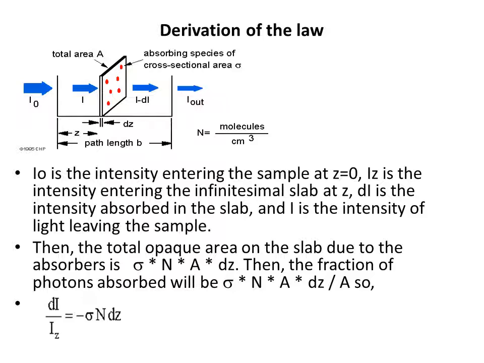Then the total effective area on the slab due to the absorbers is sigma into N into A into dz. Then the fraction of the photons absorbed will be sigma N A dz divided by A. So dI by Iz equals minus sigma N dz.